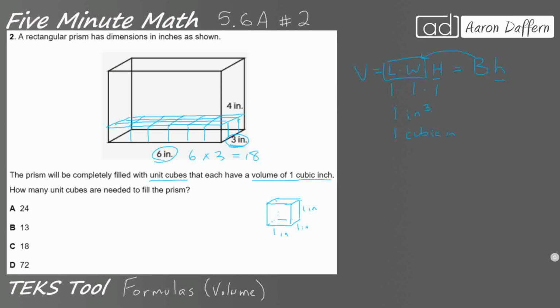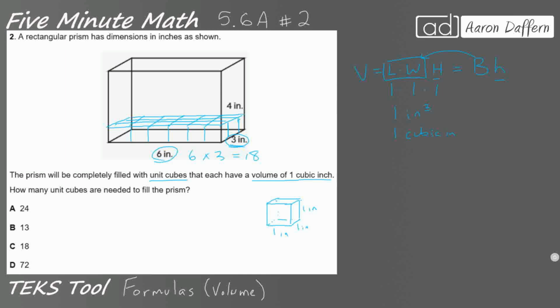The area of the base means what is the base of this shape. This prism happens to be a rectangle. How do I find the area of a rectangle? Length times width. You're going to find the base times height formula is used more and more as you get into middle school because it's more useful for other types of prisms like triangular prisms, hexagonal prisms, even cylinders. Base times height is better. Length times width only works for rectangular prisms.